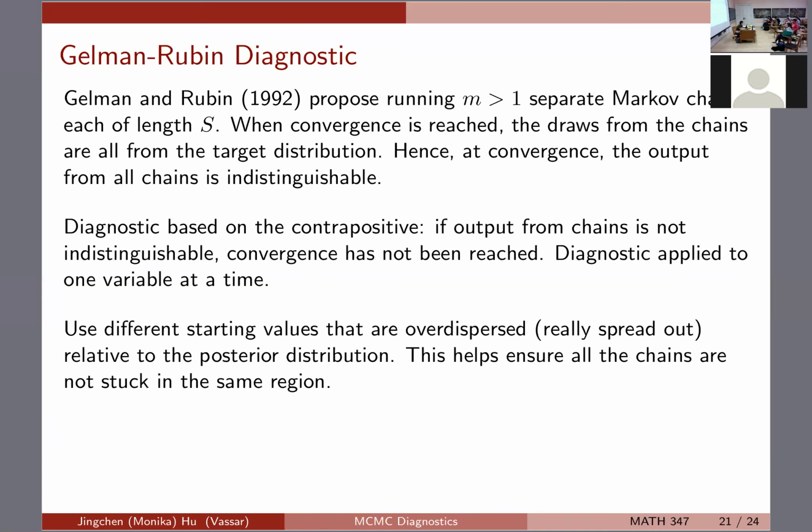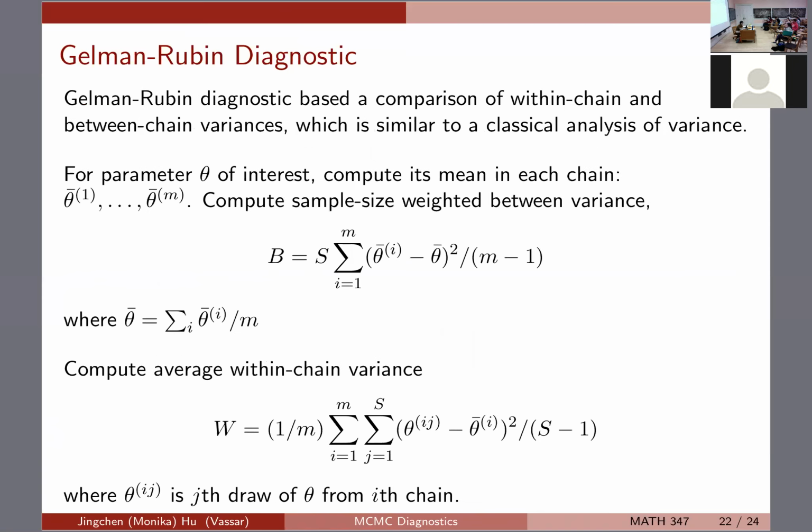Okay, so let me show you the general idea. If you have done anything like ANOVA before, this is related to ANOVA. I think in statistics, many of the fundamental ideas are actually very similar. So if you're going to do multiple chains, a natural question to ask is, say I have m different chains, can I compare the variation within each chain and across chains?